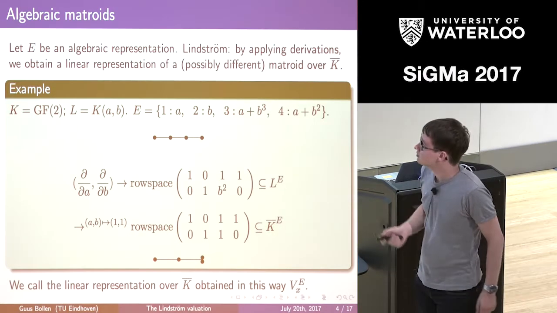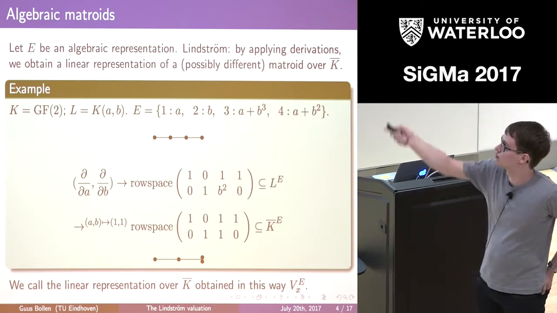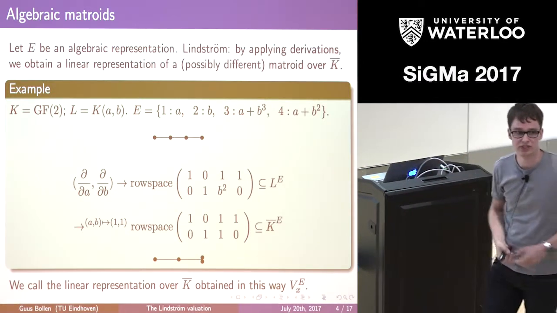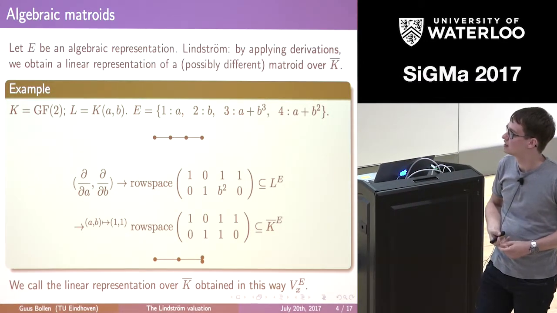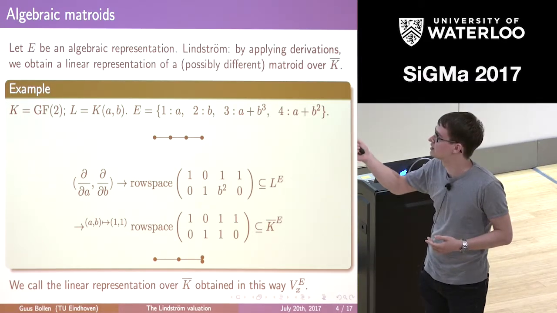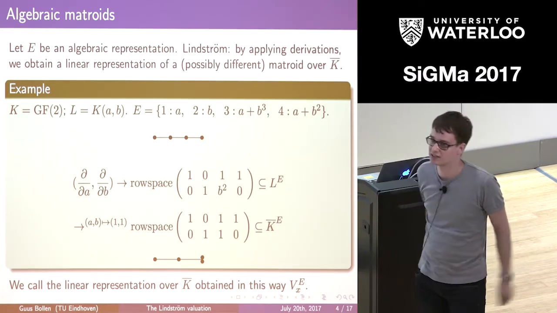Okay, so this is now a linear representation of a matroid where the first and the fourth elements have become dependent. And, well, the linear representation that we obtain in this way, we will call VEX.